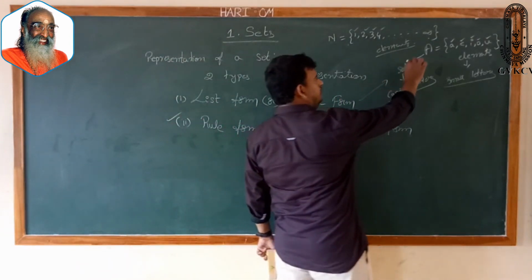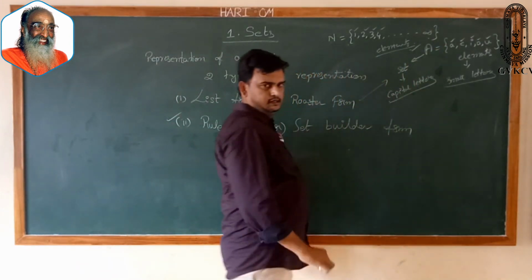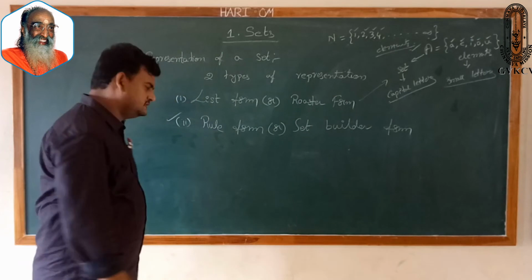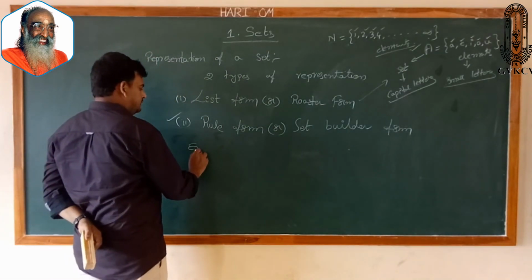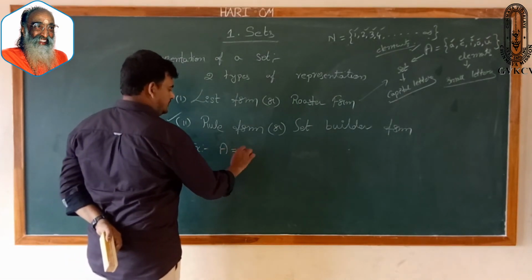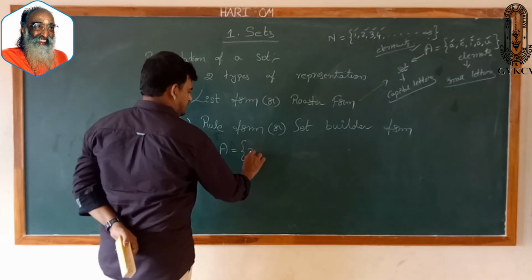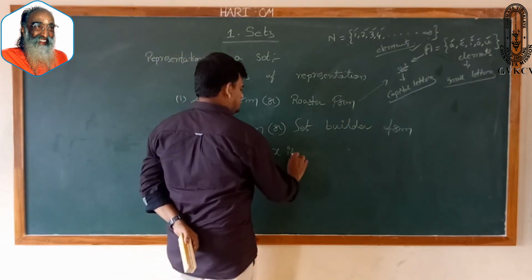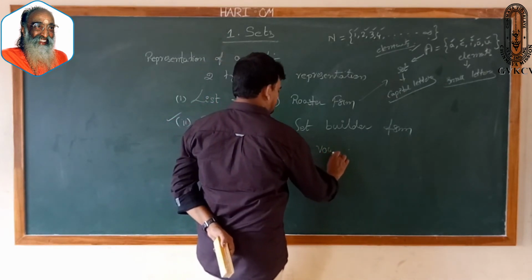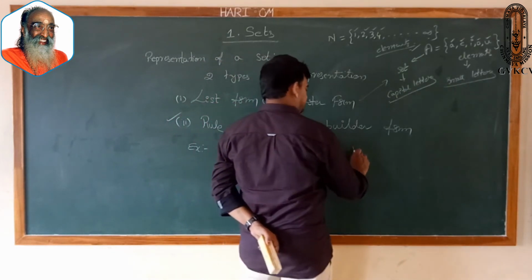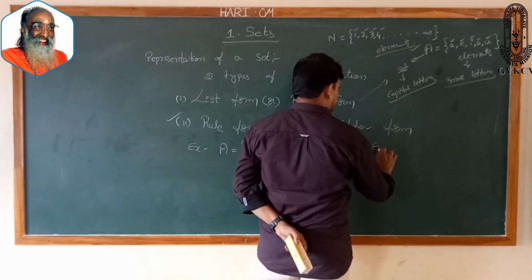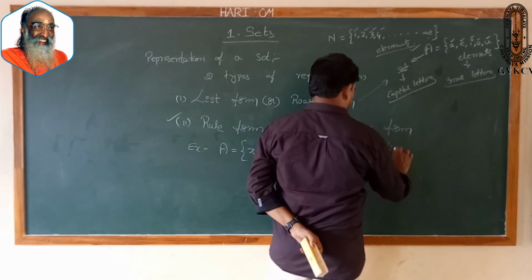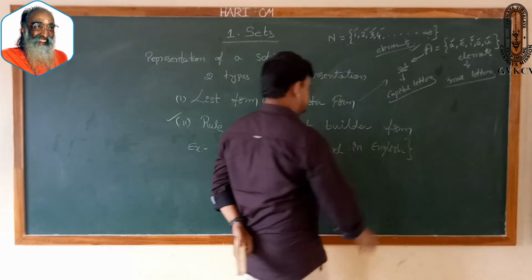Here I have a set in list form. The same I am going to represent here. A is equal to {x such that x is a vowel in English}.